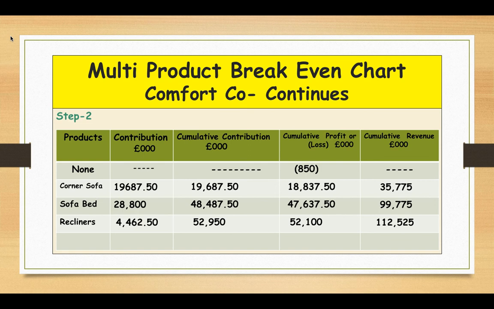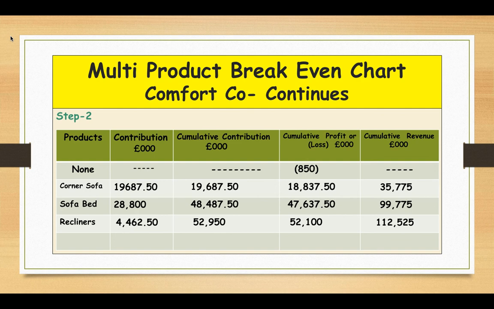So the cumulative contribution, if you add all the contribution together, you will get 52,950,000. Now, as usual, we are going to calculate the cumulative profit or loss, which is 52,950,000. Take away the fixed overhead 850,000. You will get 52,100,000.